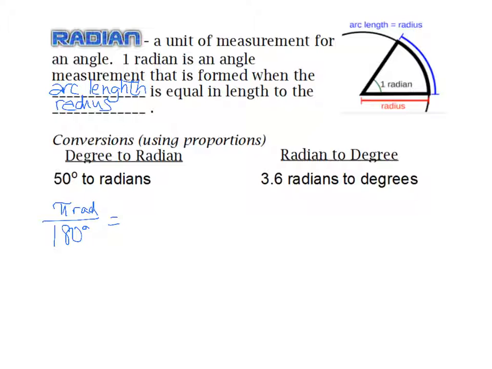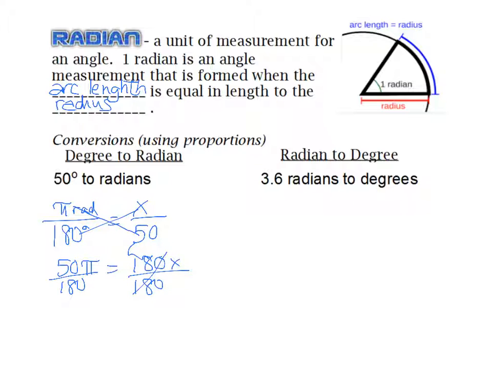So when I convert 50 degrees to radians, I put my degrees on bottom and my radians on top. I'm going to take 50 times pi, set it equal to 180 times x, and divide both sides by 180.